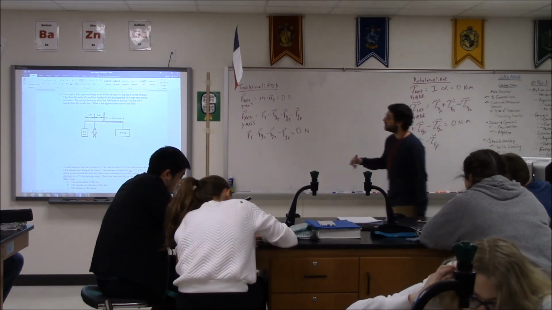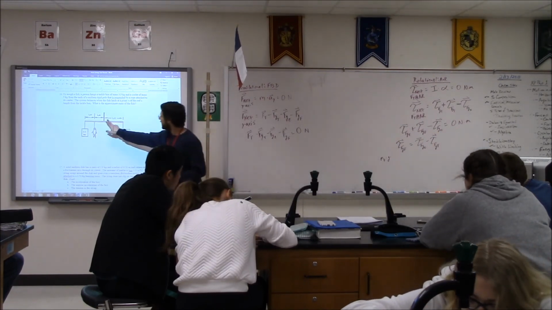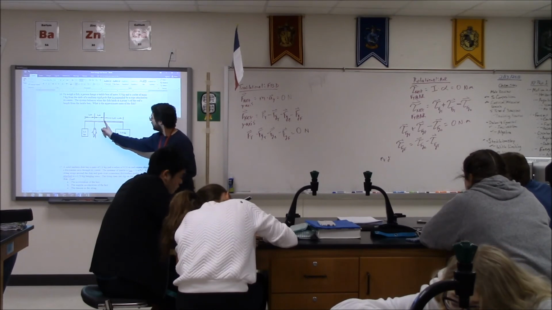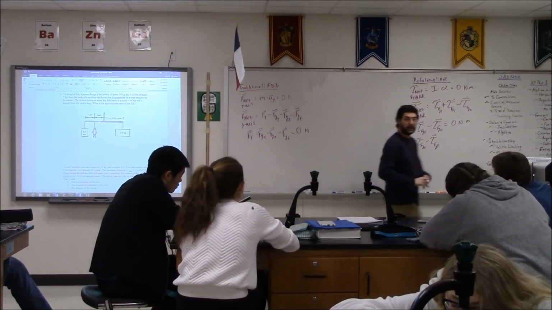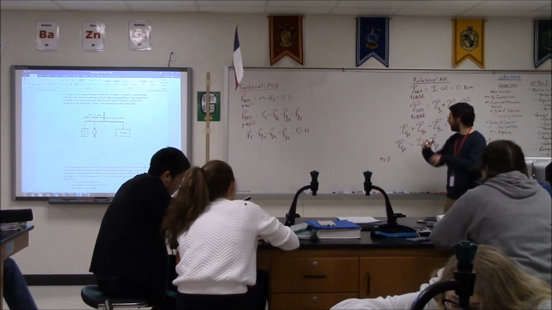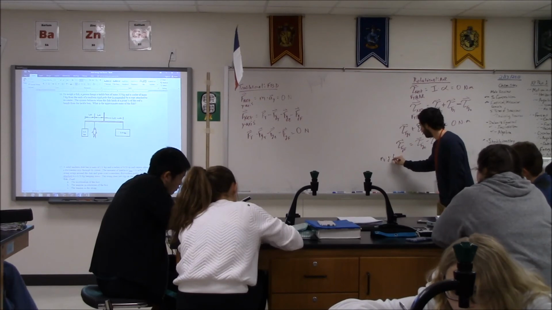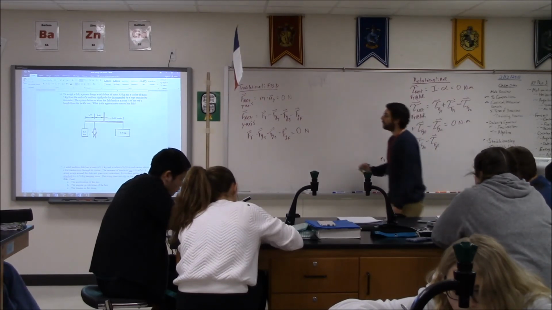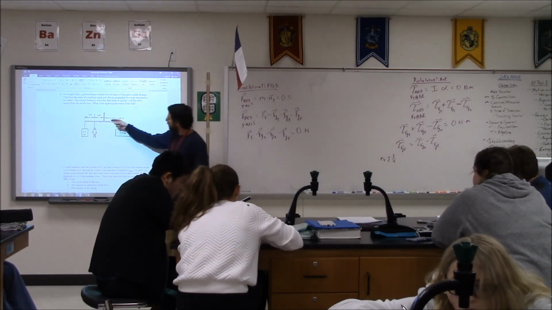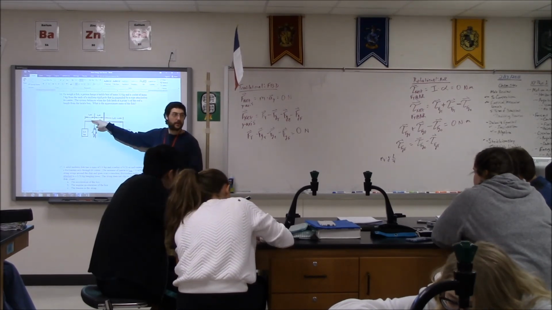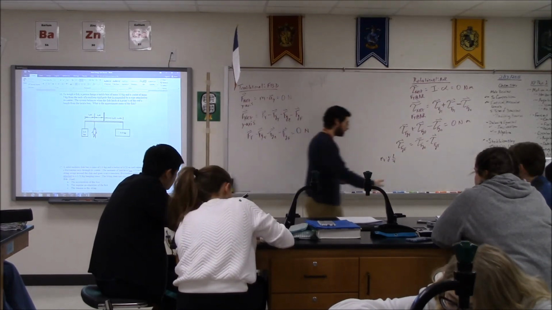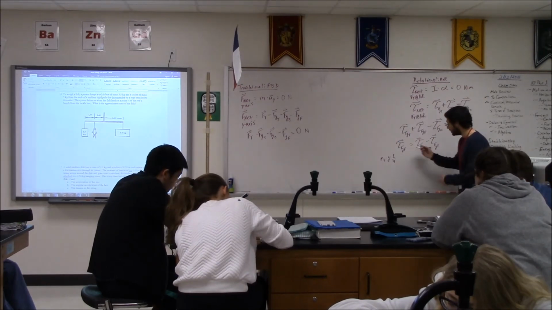If this is the axis of rotation, and here's the location of the fish, that means the fish is located L/4 away, the entire length divided by 4. Now, here's the lever arm, here's the force. What's the angle between them? 90. Sine of 90 is 1, so we'll ignore that piece.